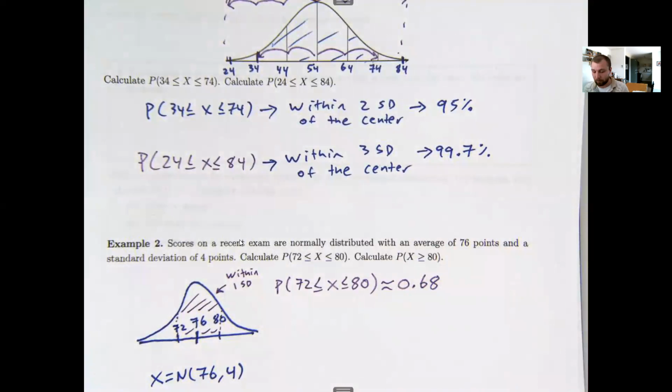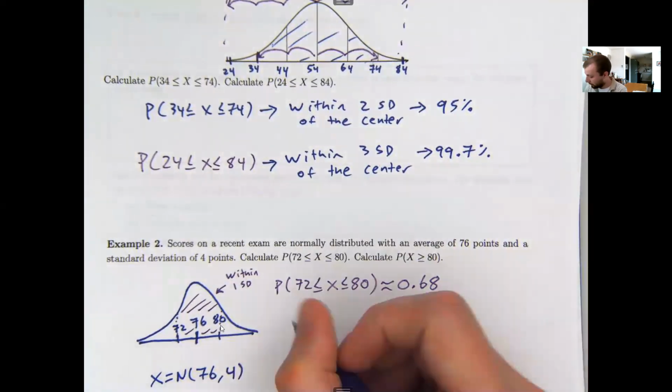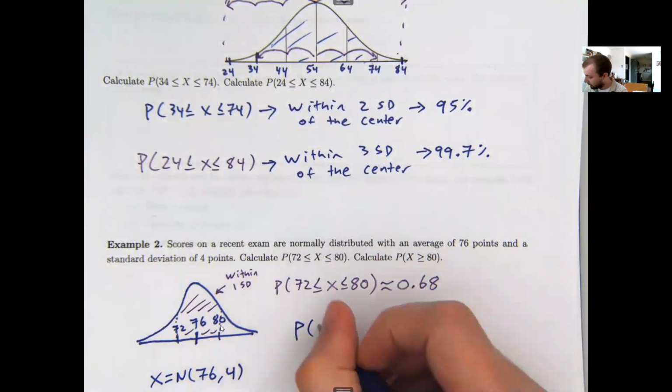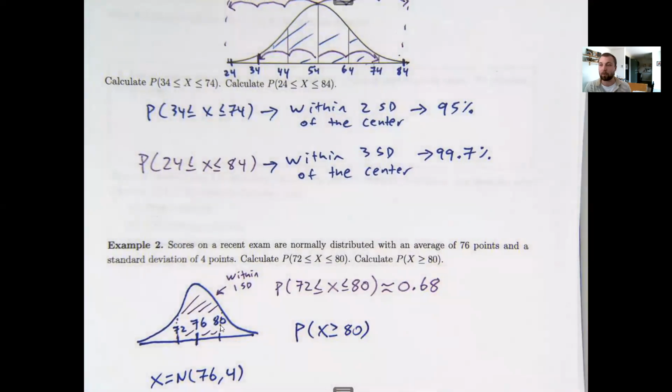If you're watching this video along at home, I'm going to ask that you pause this and try to figure out this next piece. 68% in the center, how much do you think that leaves for this tail right here, where I'm looking at 80 or higher? Pause the video and try to find the area of 80 or higher.